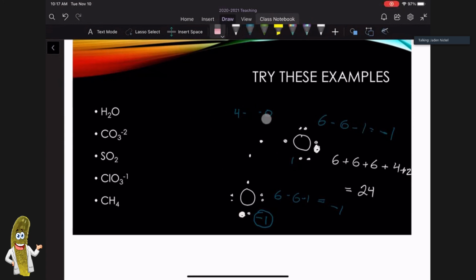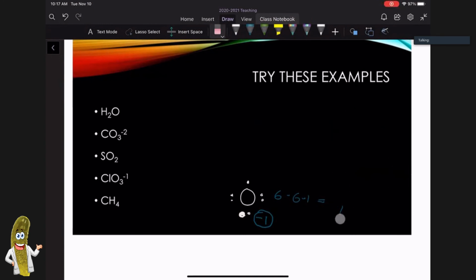Next example is SO2. Again, I'm guessing S will be in the middle of this one. I also know that sulfur is in the same column as oxygen.